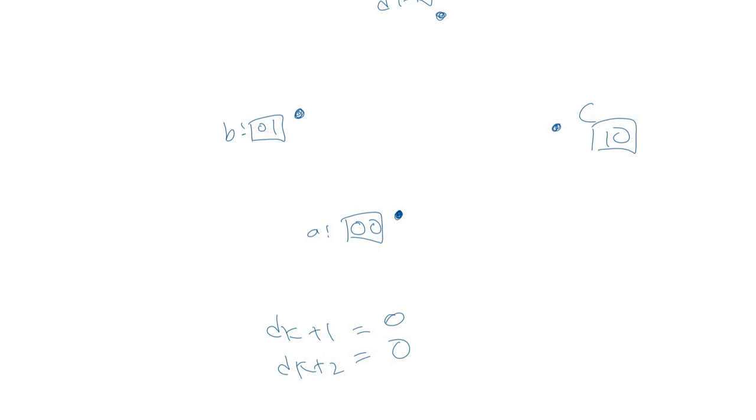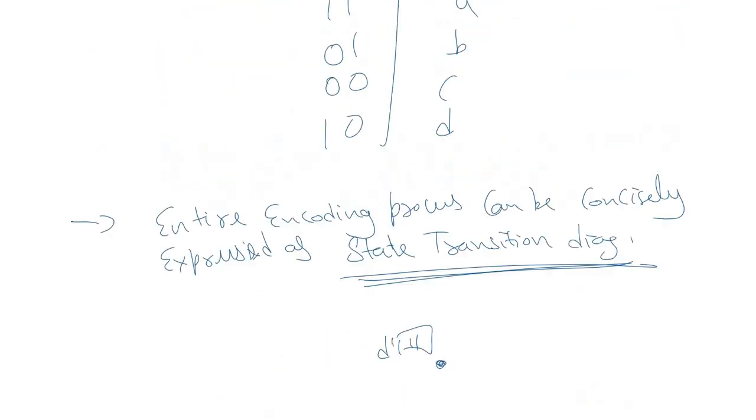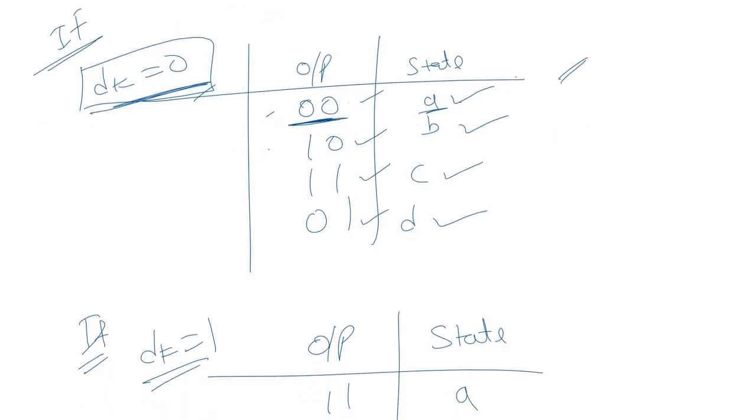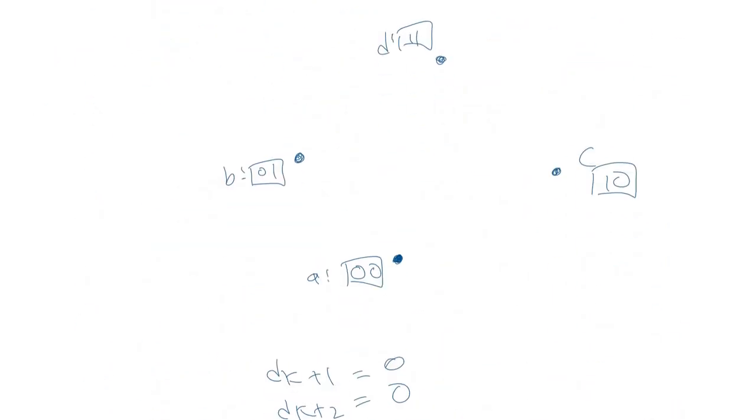Okay. Now when the input data is 0, initially we assume that we are at state A, and the output will be 0, 0. So whenever the input data is 0, the output will also be 0, and the state remains unchanged. This is the input and this is the output.